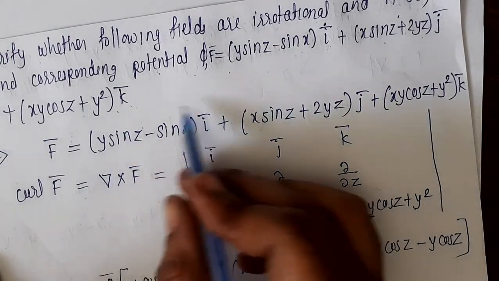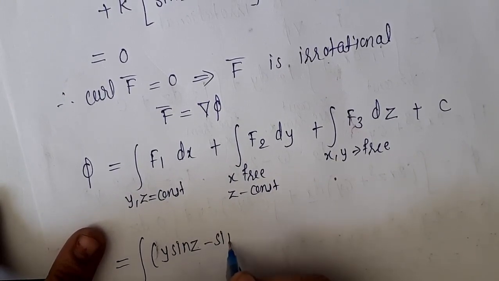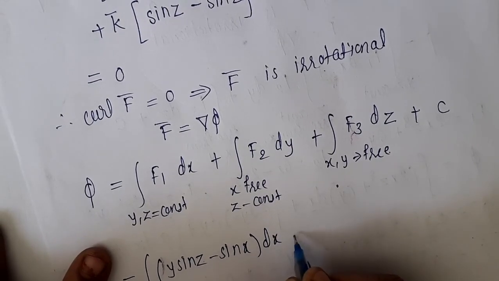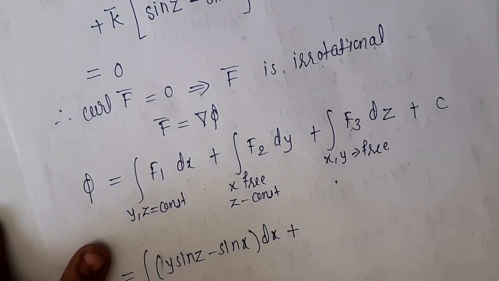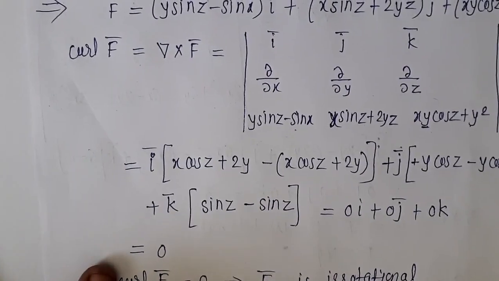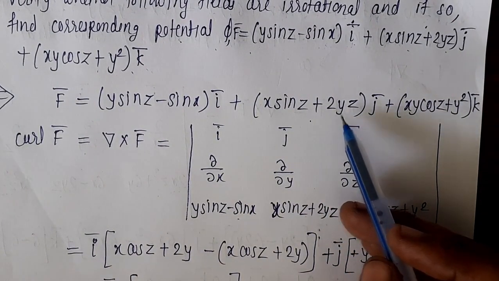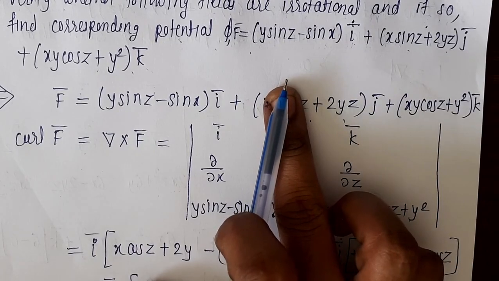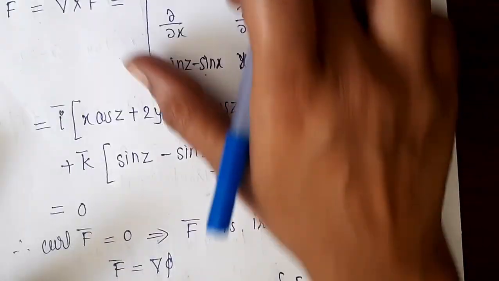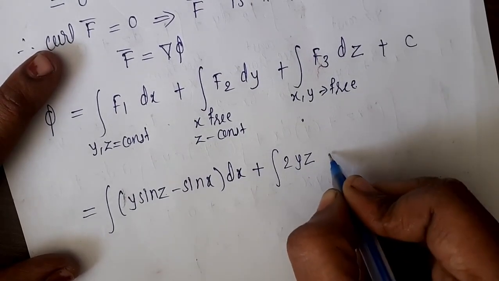So we have to write down f1 as it is: integration of (y sin z minus sin x) dx, plus, now what is integration of f2 dy? It must be free from x. f2 is given as x sin z plus 2yz. So we cannot write the first term. The second term is only 2yz, so we write only the second term, which is integration of 2yz dy, plus f3.